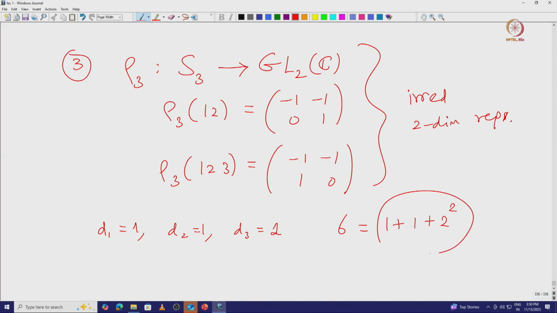Since these numbers exhaust 6, that immediately tells us that there are no more irreducible representations. Anyway, we also proved that the number of conjugacy classes is the number of irreducible representations. So, that gives us that these three are the complete list of irreducible representations of S3.